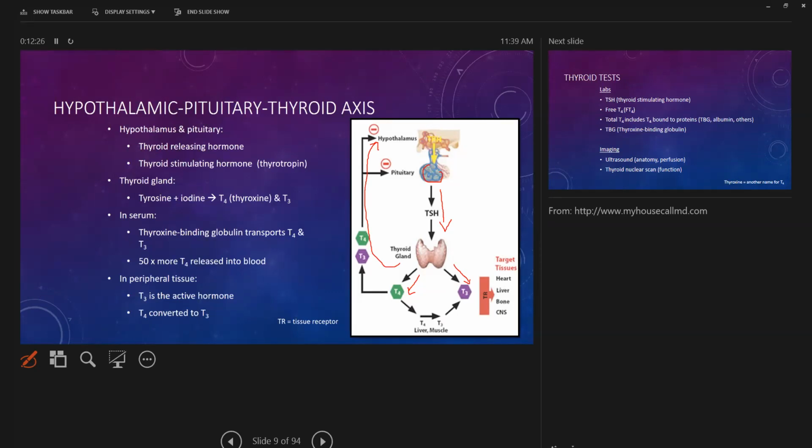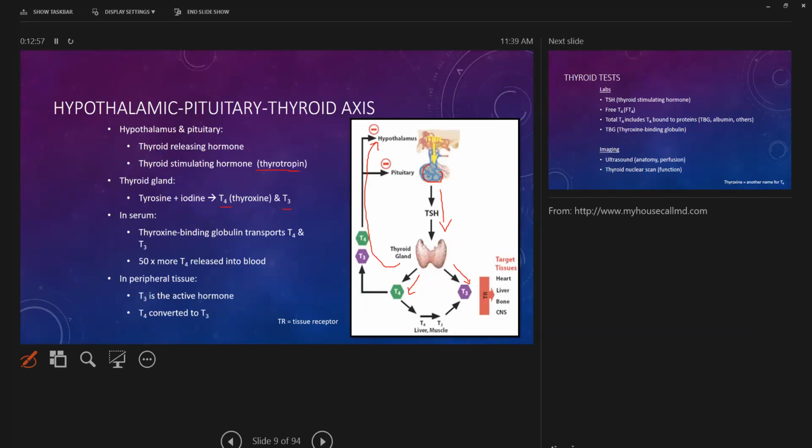So let's just talk about this in words. So the hypothalamus and pituitary, there's thyroid releasing hormone, TRH, and thyroid stimulating hormone, which is called thyrotropin, TSH. See the difference? At the thyroid gland, tyrosine and iodine get together and form thyroxine, as well as T3, which is called triiodothyronine.